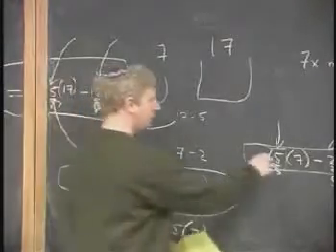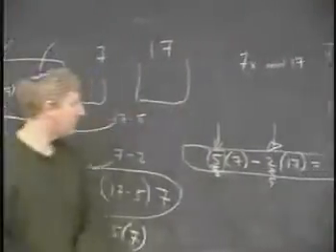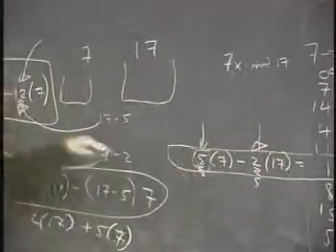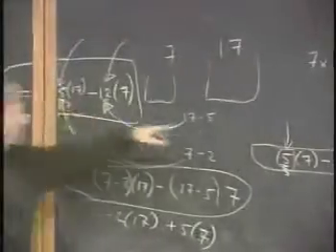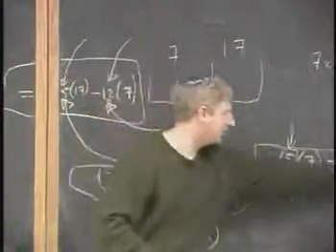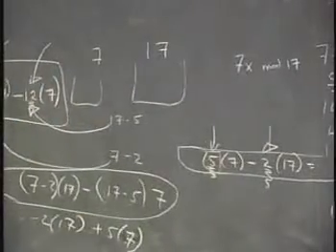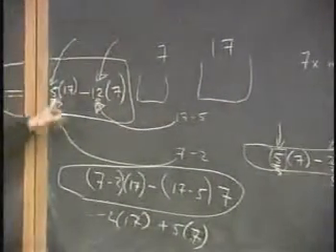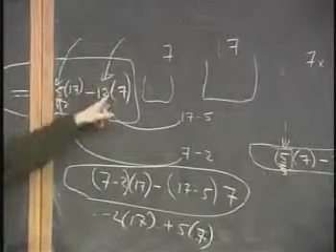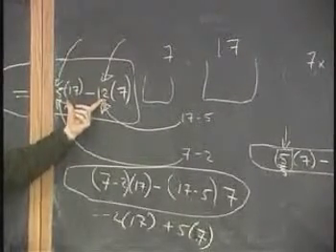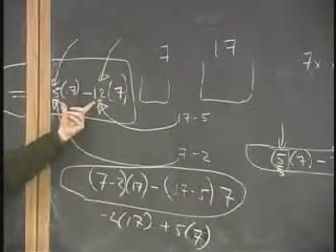If you have a set of numbers, 1 times 7 minus the other times 17 equaling 1, you can get a different set by taking your 5, subtracting it from the 17, taking your 2, subtracting it from the 7, putting those two numbers, respectively, 12 and 5, in front of 17 and 7. Notice they reverse the order.